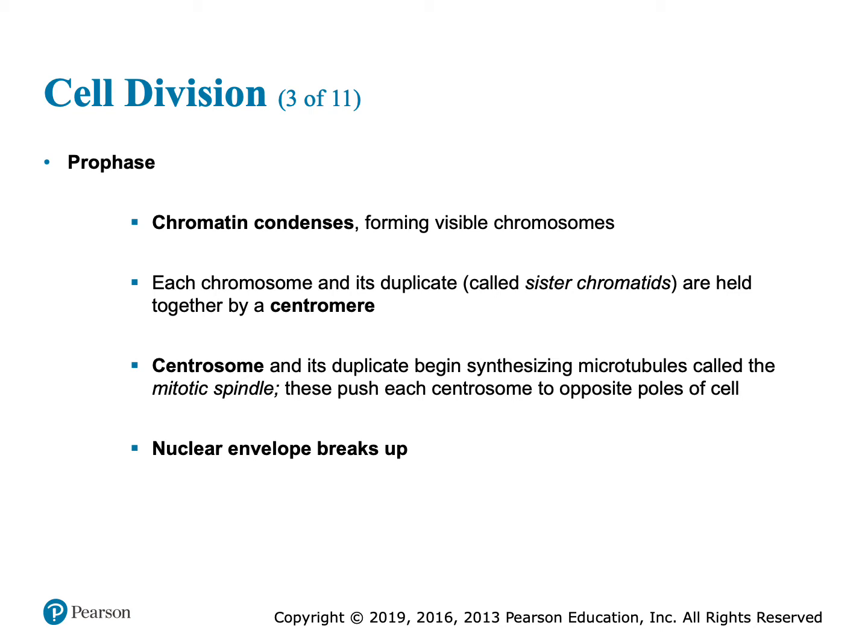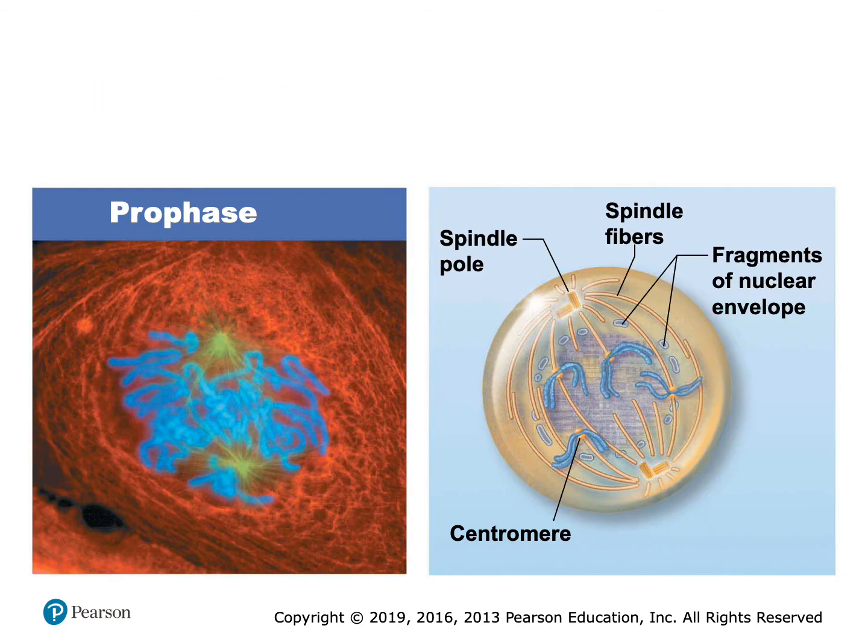Also, what you're going to see is the nuclear membrane, the nuclear envelope, is going to start to disappear because these chromosomes are actually going to kind of spill throughout the cell. So as the DNA, the chromatin, starts to clump up, it actually starts to look kind of like a bunch of worms inside that cell.